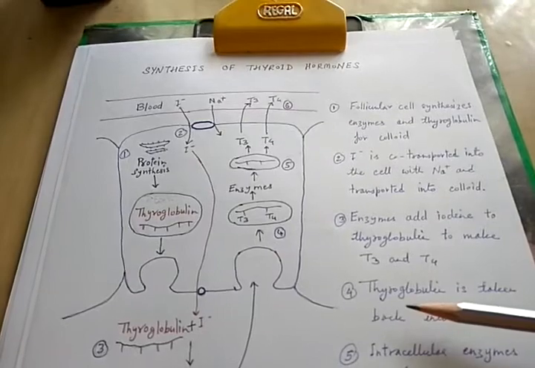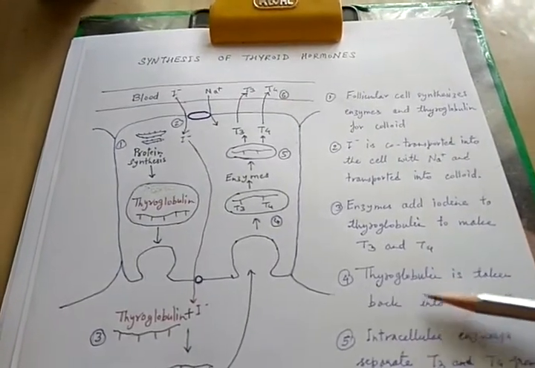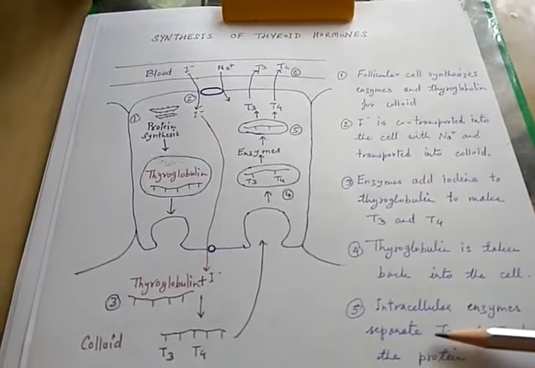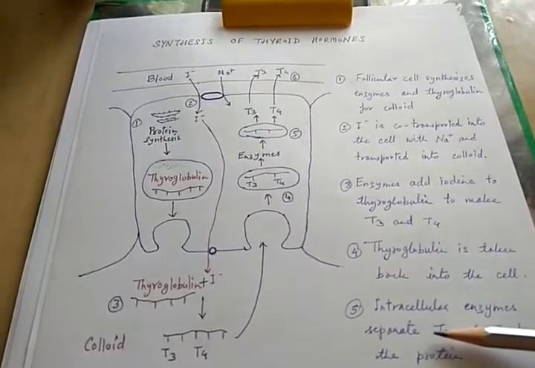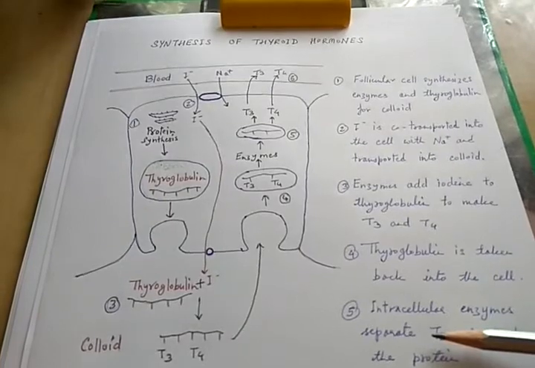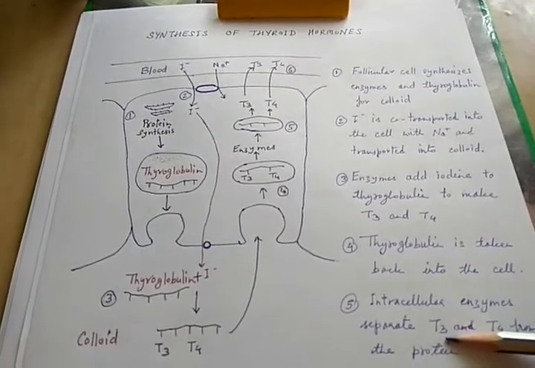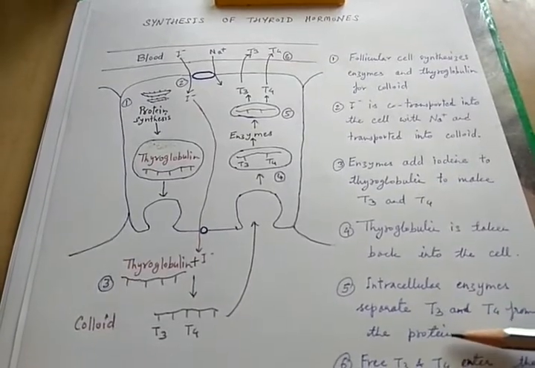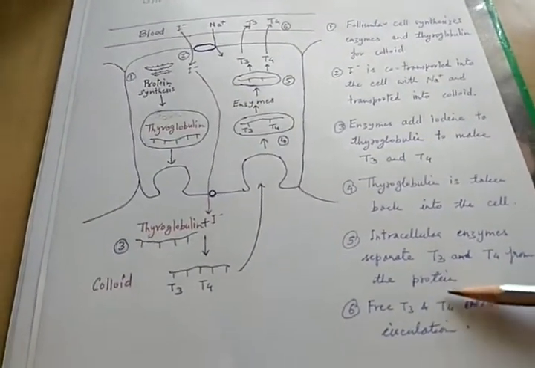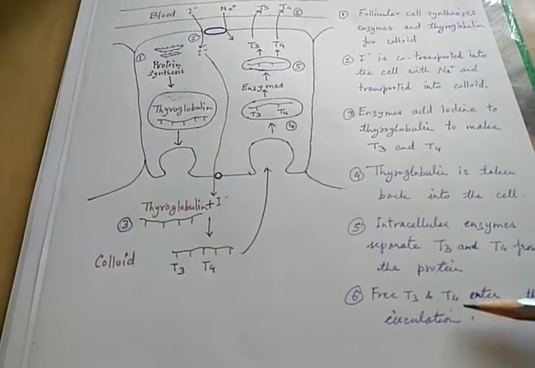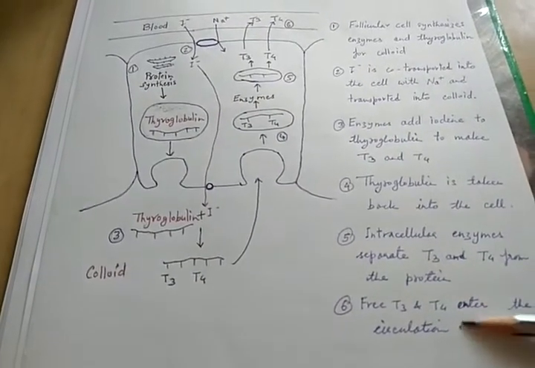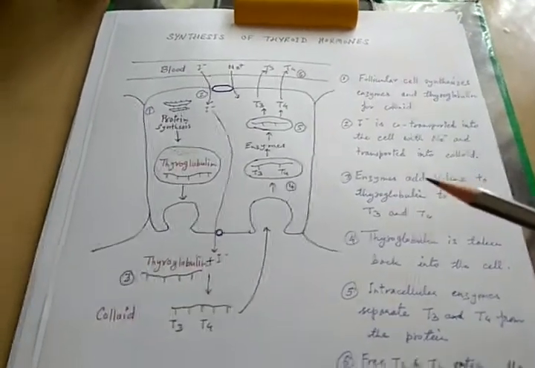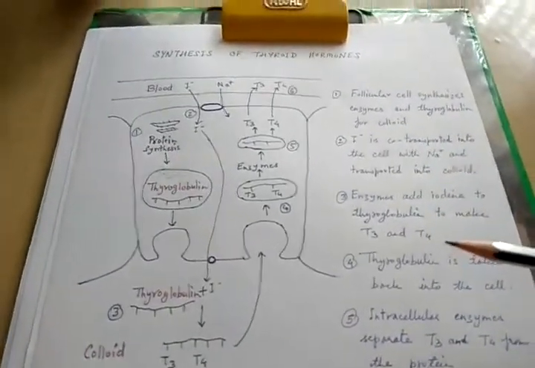And then the thyroglobulin is taken back into the cell, and then intracellular enzymes, that is lysosomal enzymes, separate the T3 and T4 from the glycoprotein thyroglobulin. And finally, the free T3 and T4 hormone enter the circulation. So we have seen the synthesis of thyroid hormones.